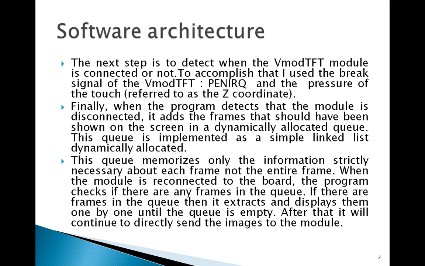When the module is reconnected to the board, the program checks if there are any frames in the queue. If there are, it extracts and displays them one by one until the queue is empty. After that, it will continue to directly send the images to the module.